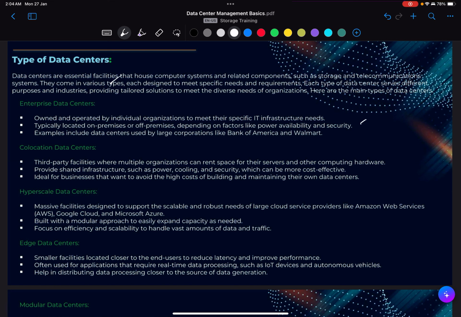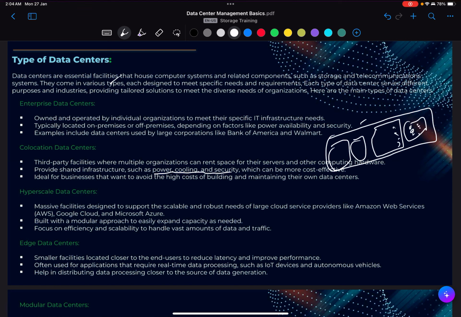So the third-party vendor will supply the power, cooling, and security, and you will have your space. Suppose this is the data center, and this is the chunk of a different organization; they place their racks and components there. They use the power, cooling, and security, which is the physical security, you can say.